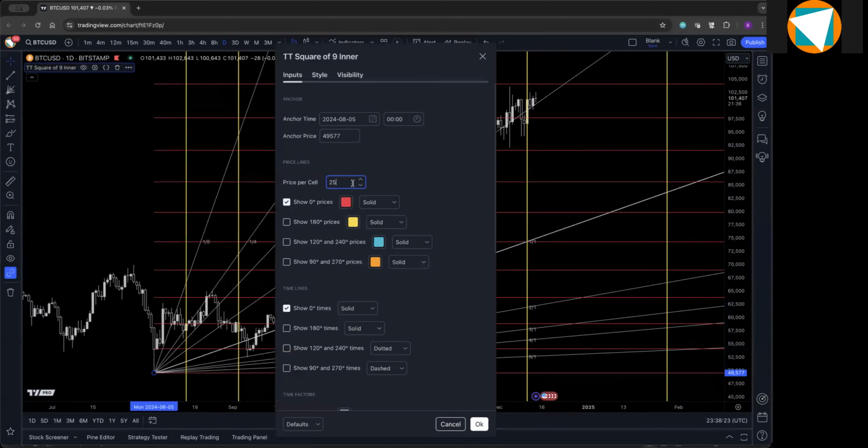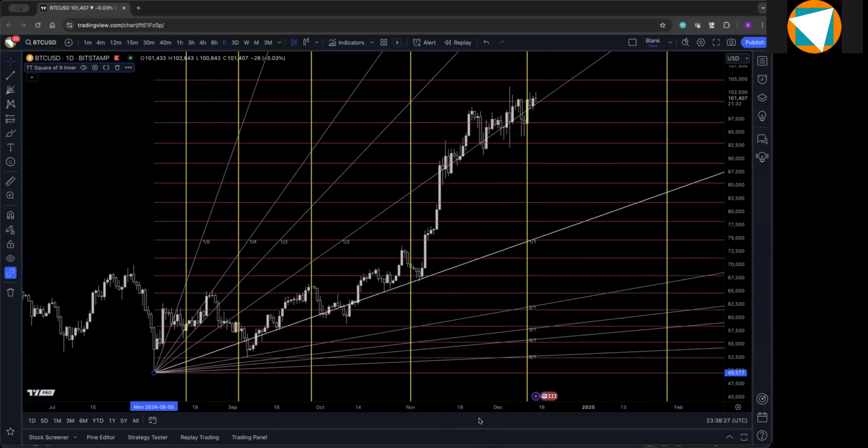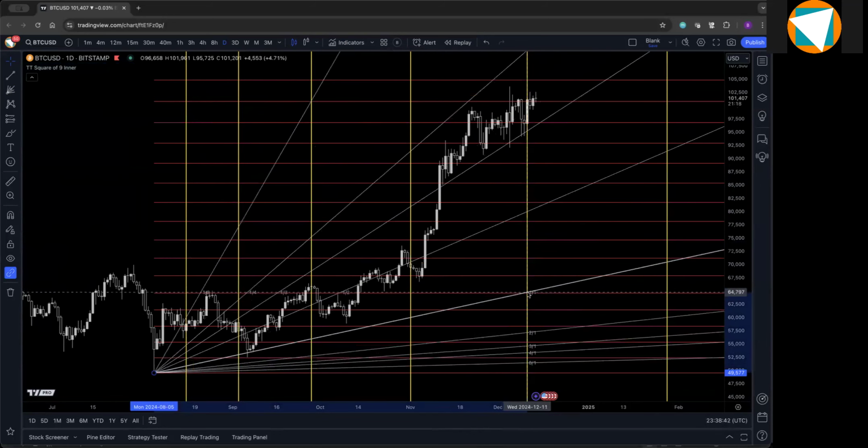Let's try price per cell of 10. Okay. So we've got the diagonal square out levels here, here, here, here, and here. Okay, so like 64. So we can lower that there.